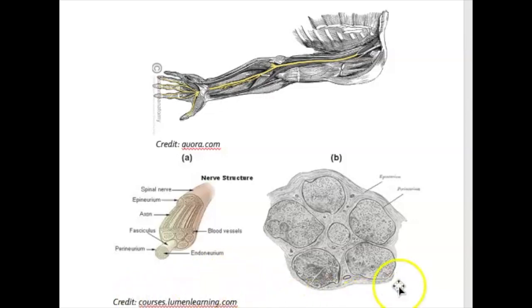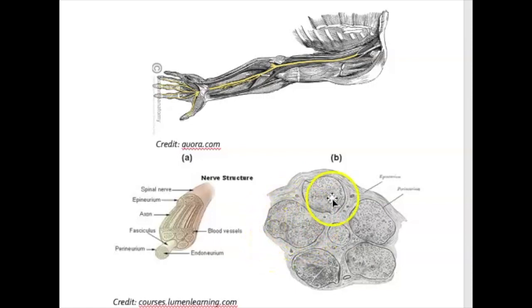Now over here, where it's marked B, you're looking at an image that was taken underneath an electron microscope. They cut through a nerve in a cross section or a transverse plane, and we're looking at the cut surface. You can see that there's a structure right here, there's another one right here, and right here. These are fascicles.